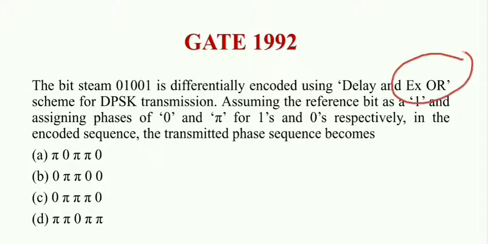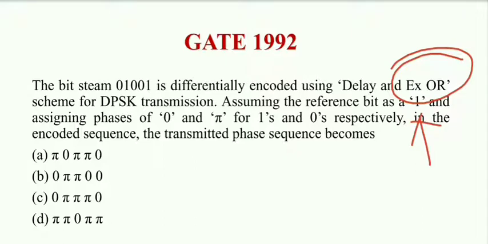Here they use XOR and the reference bit is 1, not 0. So you have to keep these two things in mind. If they don't give anything, you take XNOR and 0 as reference. Here they have given XOR in the transmitter, so we have to use XOR, and the reference bit they have given us is 1. If they don't give one, you can take anything, but better to take 0.